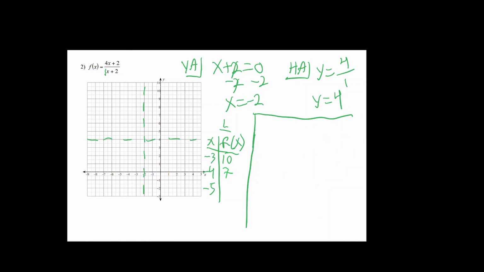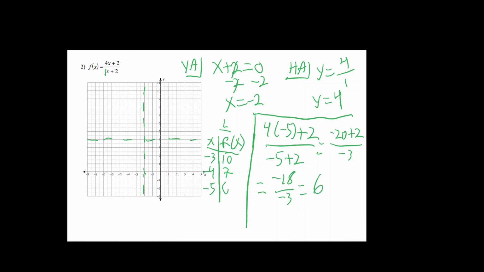And last but not least, for the left-hand side, we're going to go -5. So we have 4 times -5 plus 2 all over -5 plus 2. So we get -20 plus 2 all over -3, which becomes -18 divided by -3 equals 6.